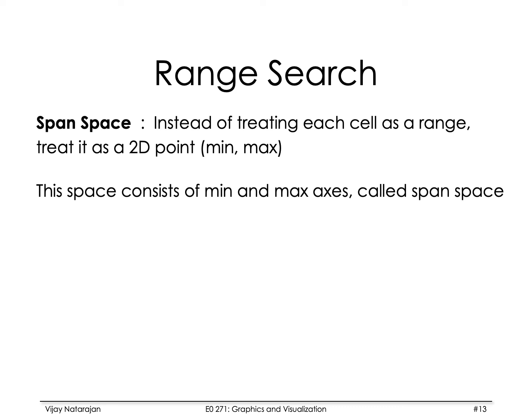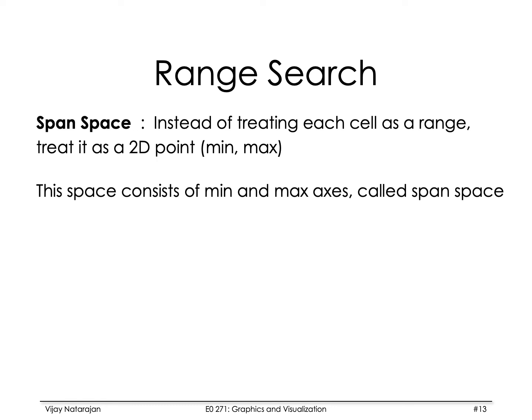Often the first step towards the design of a fast algorithm or a good algorithm is a useful and good representation of the data. So this works in our case as well. So the key idea is to represent each cell, which is each voxel, as a point in 2D rather than an interval.